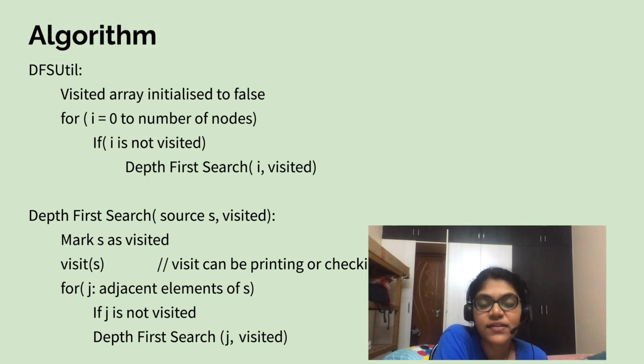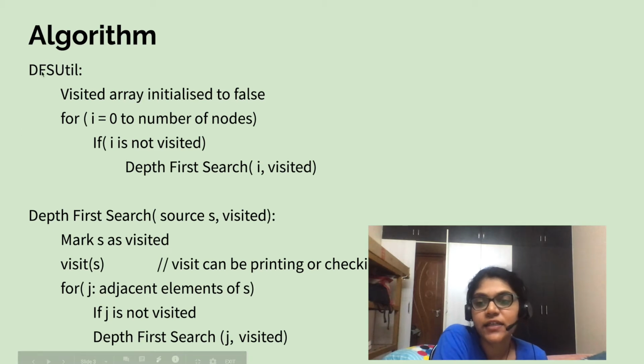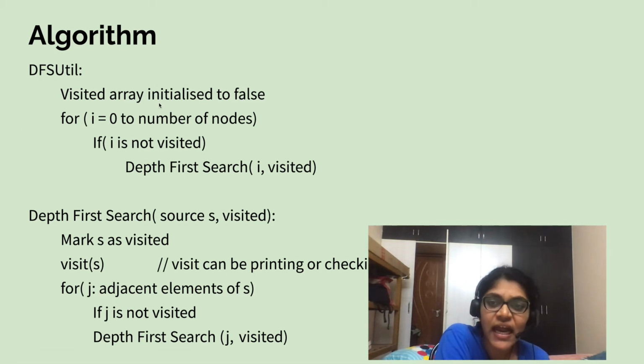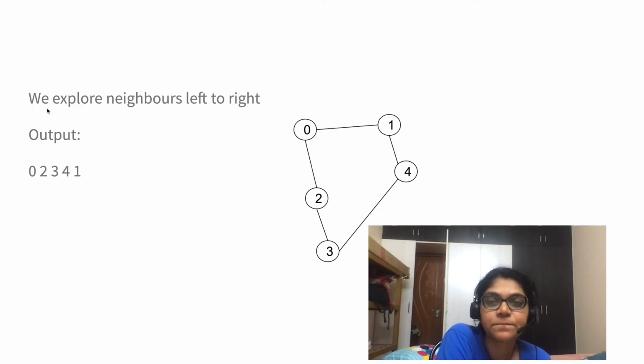We will traverse until the node is completely explored and return to the next adjacent element of s. Therefore, we completely and recursively explore the current component and get back to the DFS util function. And then if there are any unvisited nodes in the graph, we will visit them with the help of our for loop.